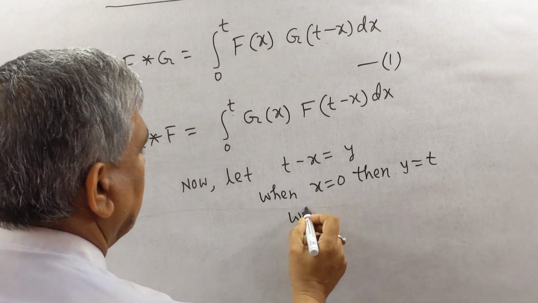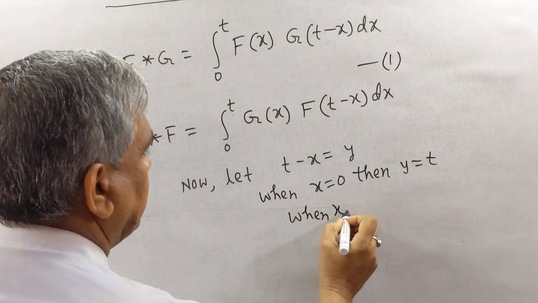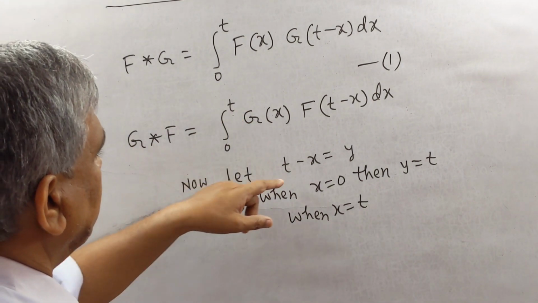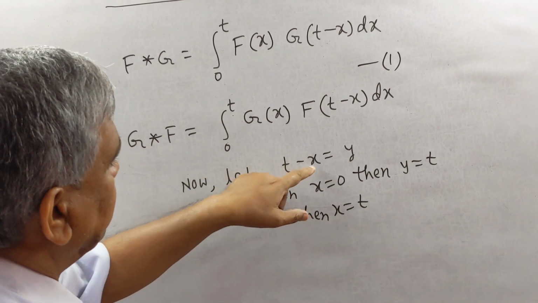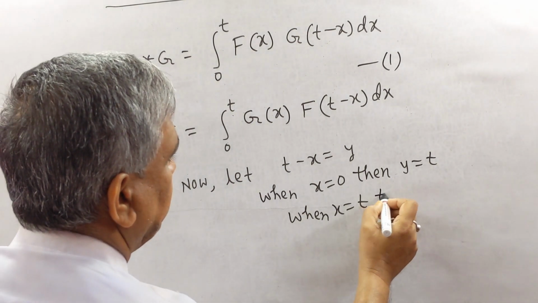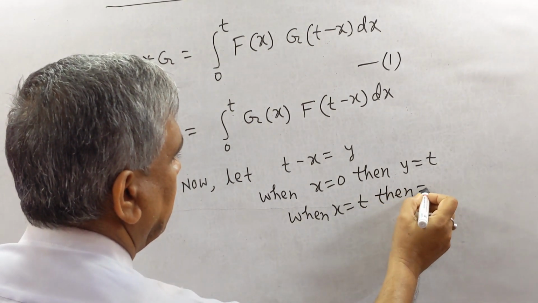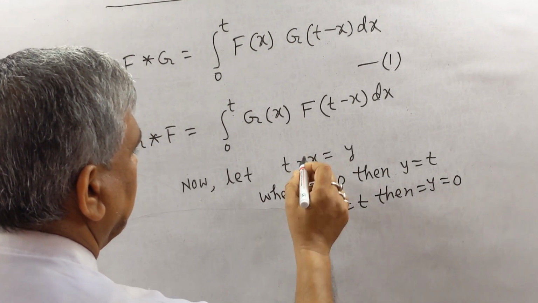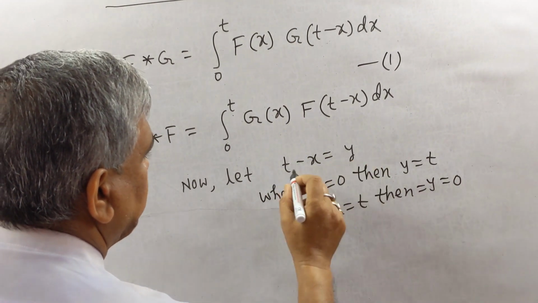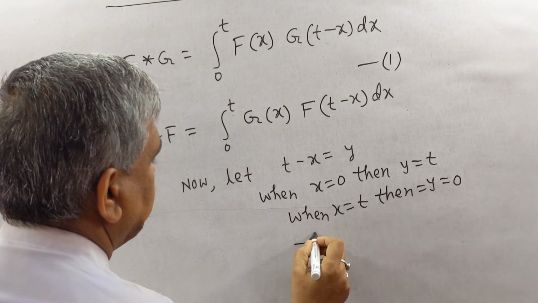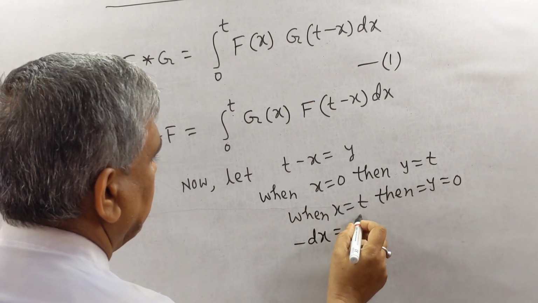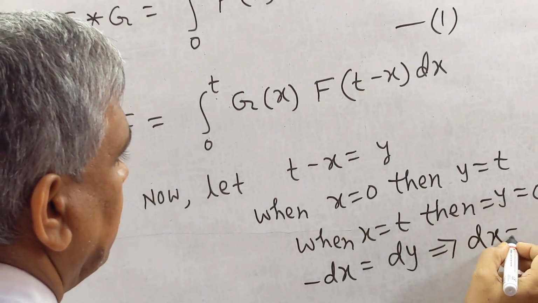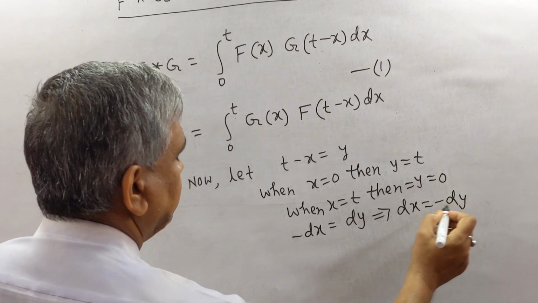When x equal to t, then t minus t equal to 0, then y equal to 0. Again, differentiating both sides, minus dx equal to dy implies that dx equal to minus dy.